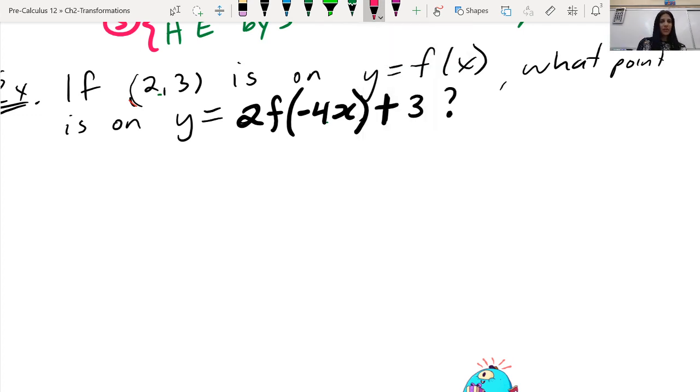So I'm going to look at my x values, and out of here I'm going to pick out what affects my x values. And it's really just that. And then I'm going to say, if this is my y value, what out of here is affecting my y values? And it's going to be this, and it's going to be this.